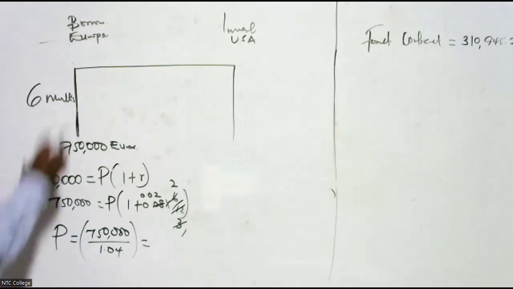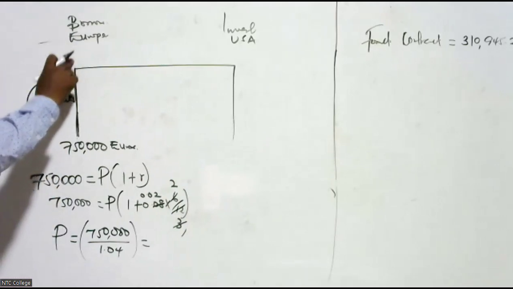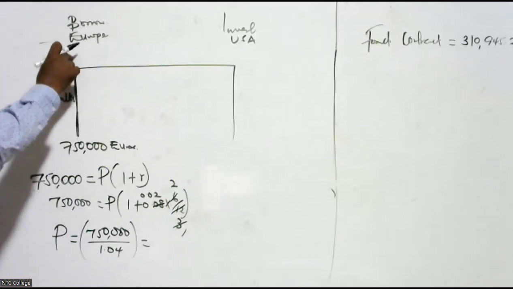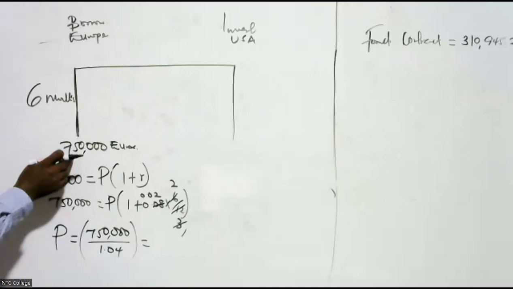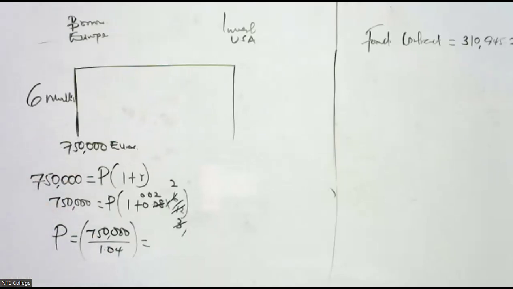How much is it that we need to borrow, so that when we will be paying, we bring this? What is the figure? We have 750 divided by 1.04.